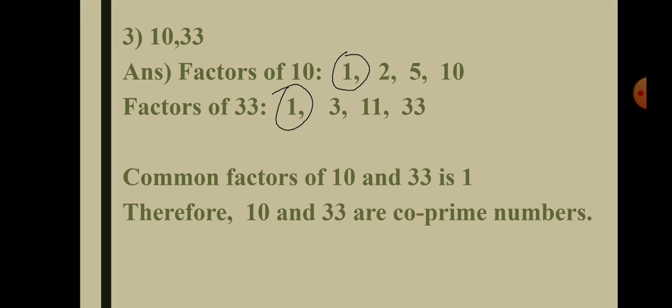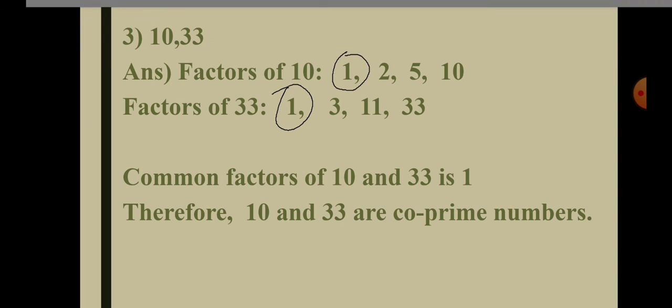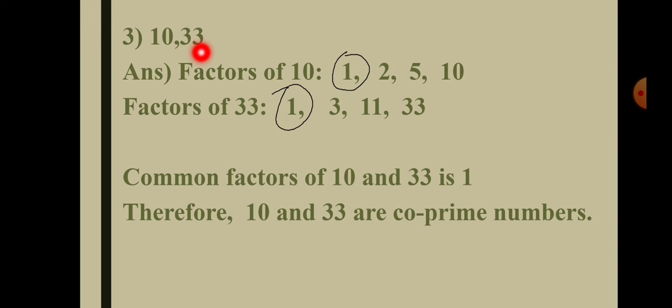Now next is 10 and 33. First factors of 10, which are 1, 2, 5 and 10. Then factors of 33 are 1, 3, 11 and 33. Now here the common factor between both the numbers is 1.